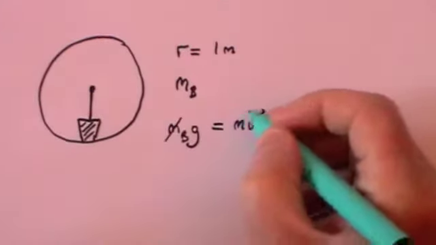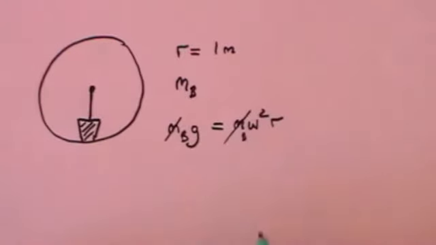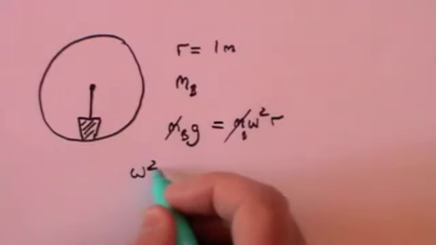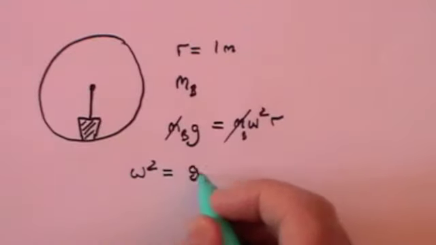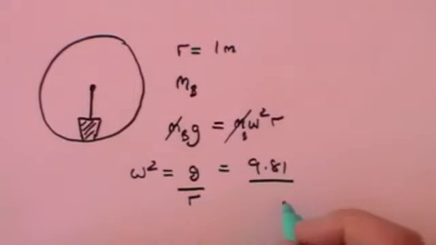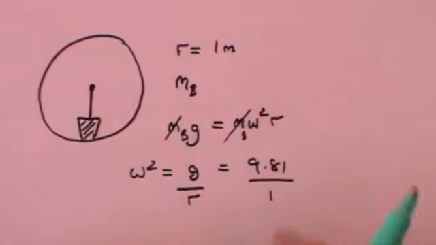Now the masses cancel, so we don't need to worry what the mass is. It doesn't matter how much the bucket may have as a mass, because it will always get the same answer, and that gets you that omega squared is equal to g divided by r, which is 9.81 divided by the radius, which we've told was 1 meter, so that's easy.